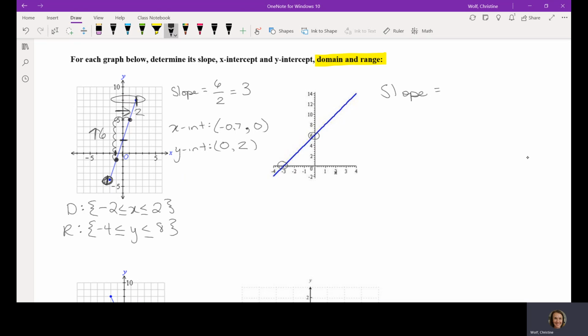So if I start here, I know I'm starting on the x-axis, which is 0, and I move up 1, 2, 3, 4, 5, 6, and I'm stopping at 6 because now I have to start running over. So I went up 6, and then I'm hopping 1, 2, 3 to the right.